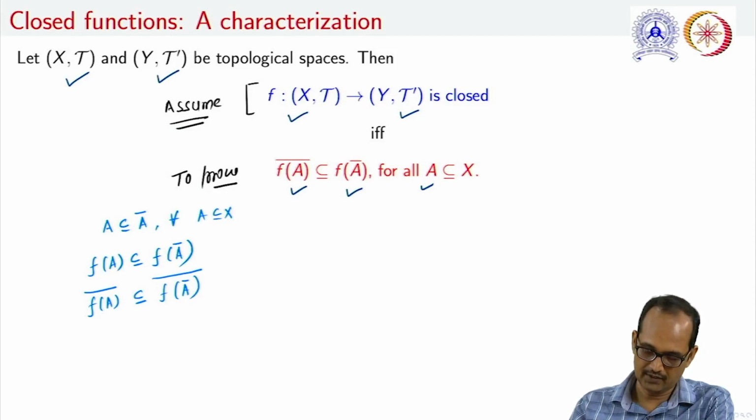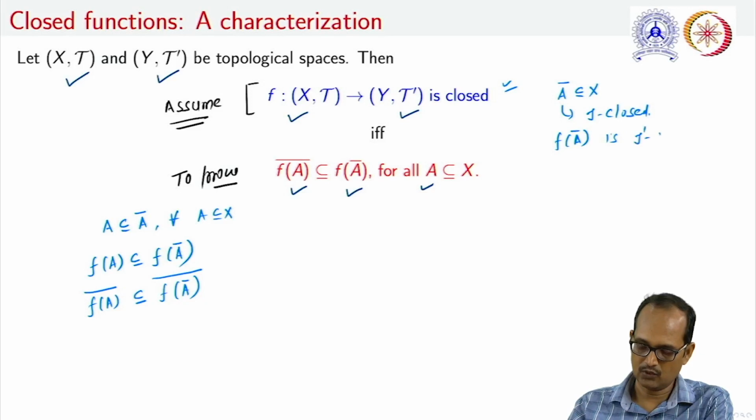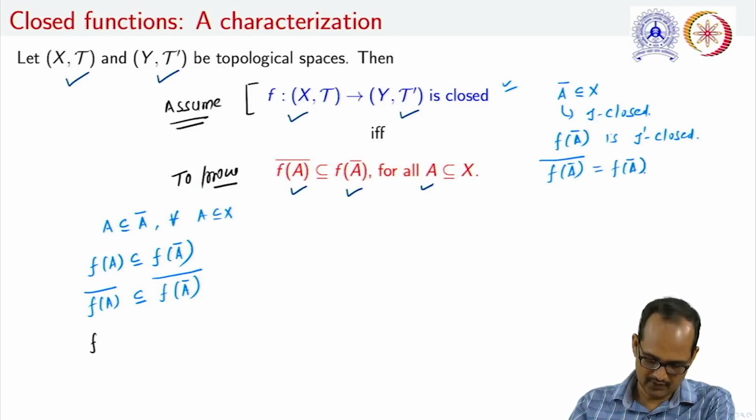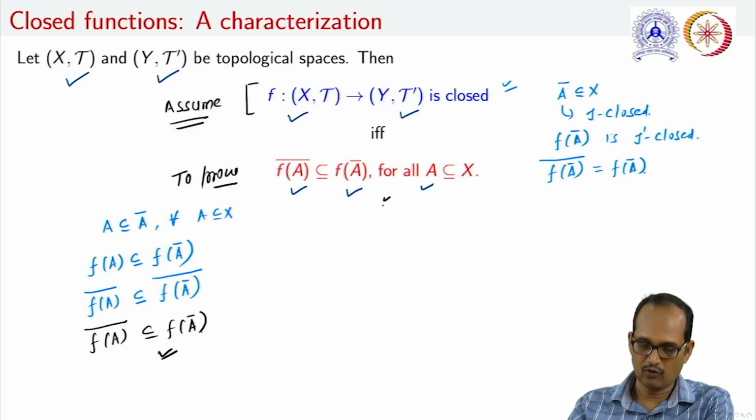But note that because this function is closed, A bar, which is a subset of X, is tau closed, and if this is tau closed, f of A bar is tau dash closed because of closedness of f, and therefore closure of f of A bar is equal to f of A bar. Thus what we can conclude here is that closure of f(A) is a subset of f of A closure. That's the proof of it.